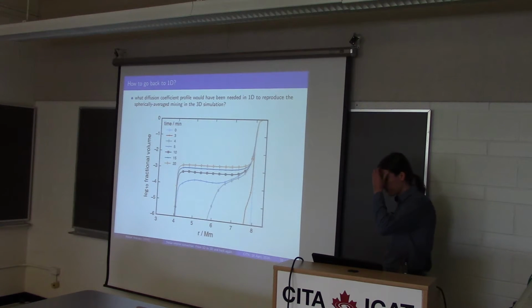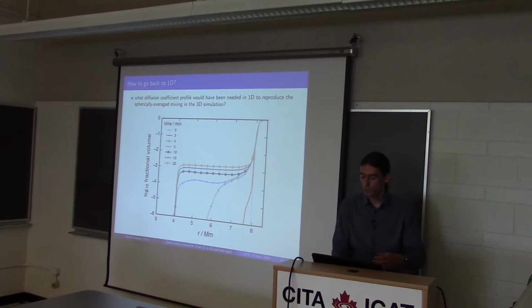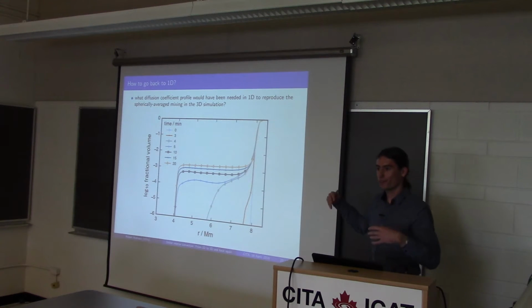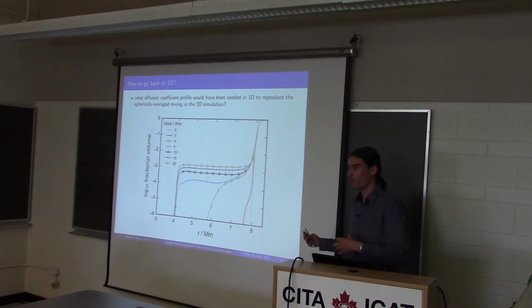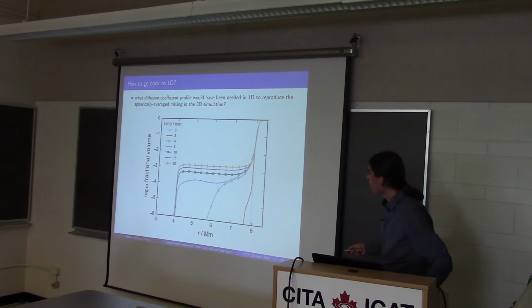So the question now is, we have all this data, but what's usually implemented in star evolution codes is diffusion mixing. So how to translate our results into some form of effective diffusion coefficient or something that could be implemented in star evolution codes. Here I show the fractional volume of this lighter fluid in the convection zone at different times. First there is no lighter fluid in the convection zone, and then it's being filled.